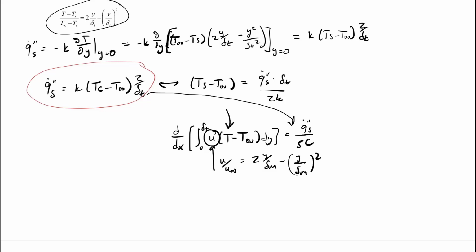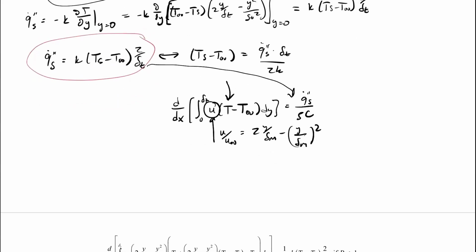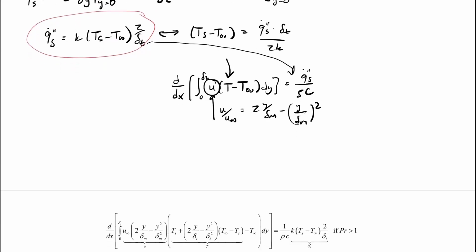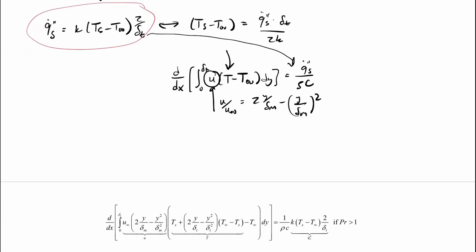Let's go through here and make that substitution. What we end up with is a final solution that I actually wrote out here, so rather than make you write it out again, it's right there. We're substituting in our temperature, our heat flux, and our velocity distribution, which are all here.